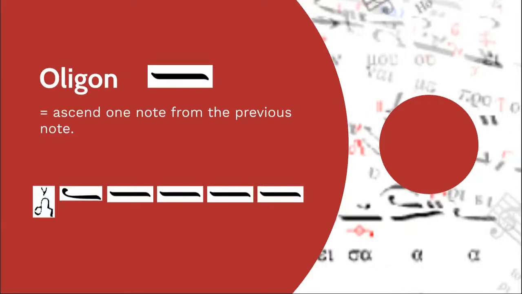Now if we go back to our notes, that would mean, for example, if we were on the note ni, and the symbol we saw was an oligon, we know that the note we should sing is pa. If we were on pa, and the next symbol was an oligon, then we should sing vu, and so on. Ni, pa, vu, ga, di.